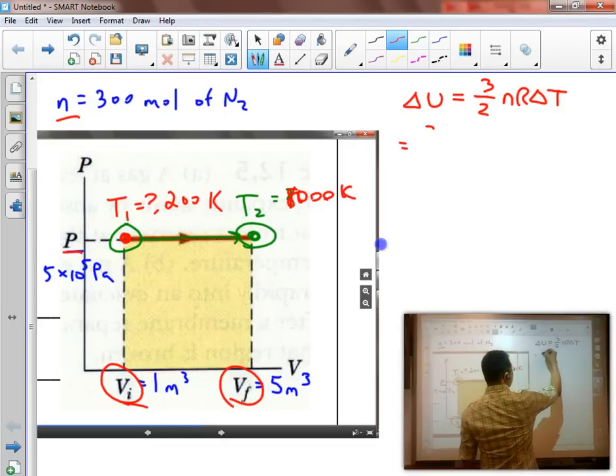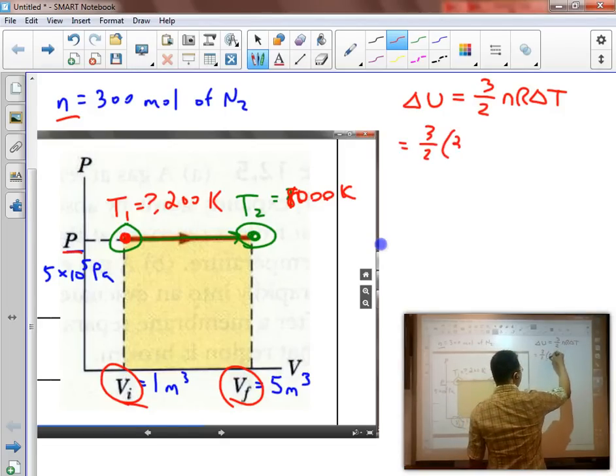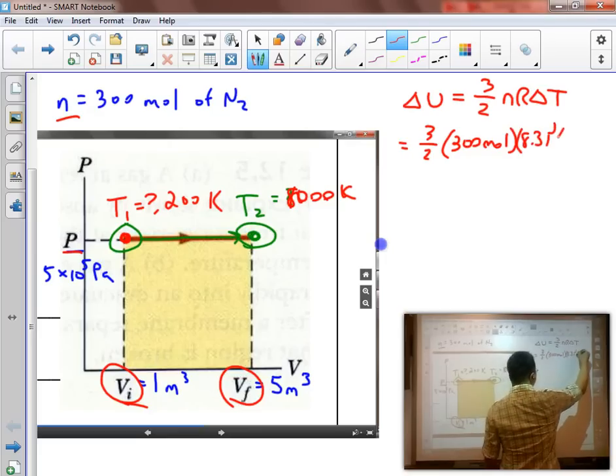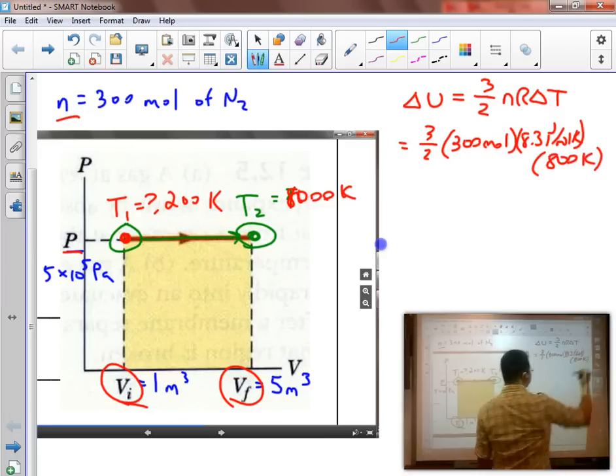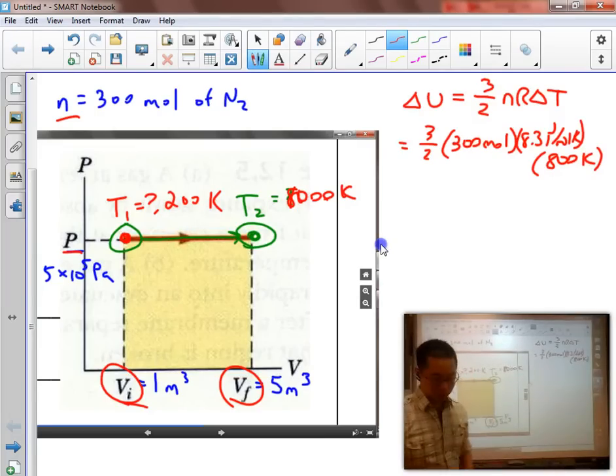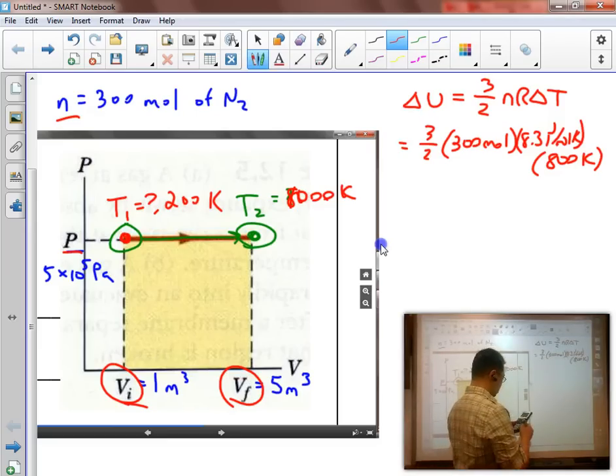So that would equal 3/2 times 300 moles times 8.31 joules per mole Kelvin times 800 Kelvin, and you would end up with a very large number.